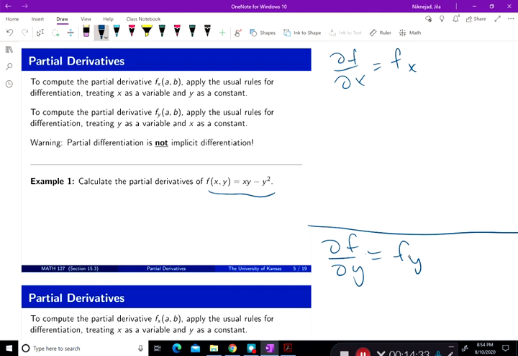When I'm taking the derivative with respect to x, I have to set y equal to a constant. So if I write this, let's ignore the y, and then I put the y in. Let's imagine y is the number 2, just for the purpose of this.